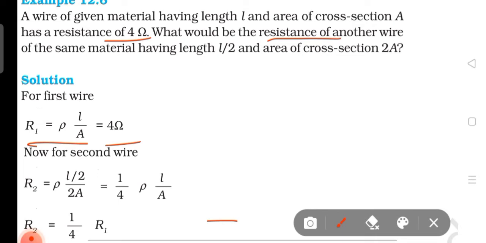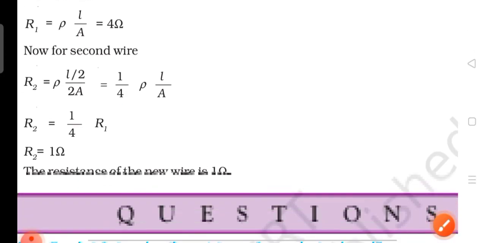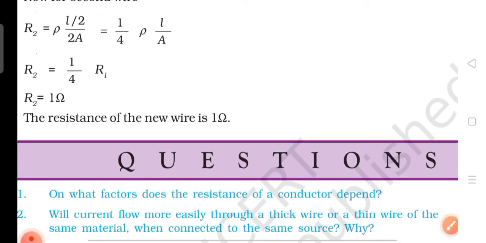For R2, rho into L by 2 upon 2A, means length is halved and cross section area is doubled, so it comes 1 by 4 into rho L upon A. So R2 comes 1 by 4 into R1. R1 is rho L by A, so 1 by 4 into R. I think you are understanding this. So the resistance of the new wire is 1 ohm. Hope it is clear.